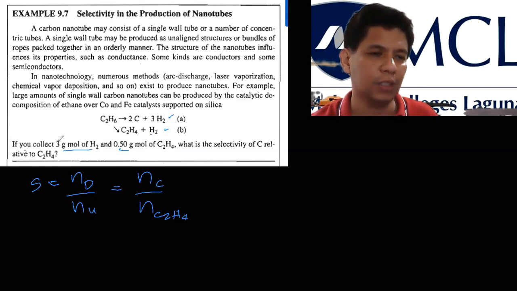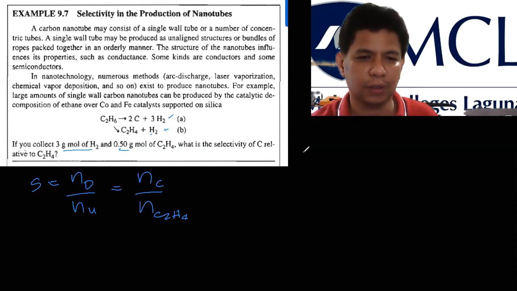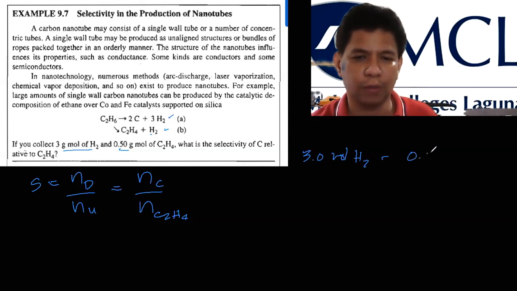So of this 3 gram moles of hydrogen, 0.5 gram mole of this hydrogen is coming from the production of C2H4. So only 2.5 gram moles of hydrogen is associated with the production of carbon. Okay? So 3 mole H2 minus 0.5 mole H2 will give you 2.5 mole H2.